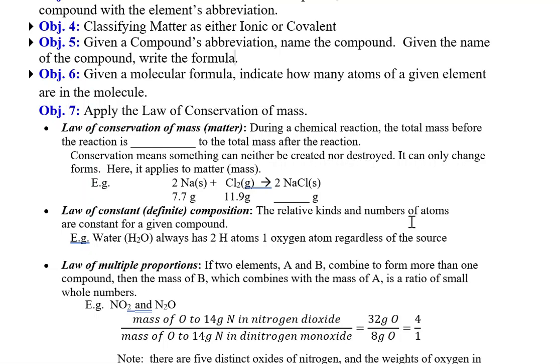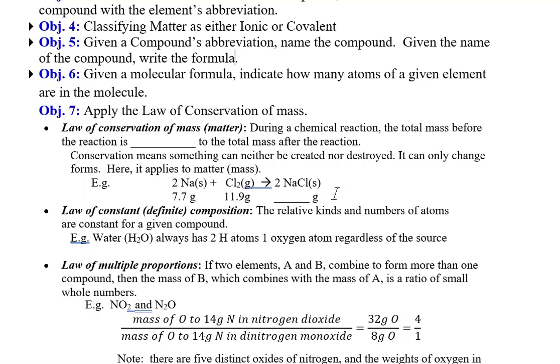So for example, if I have 7.7 grams of sodium and 11.9 grams of chlorine, when I produce sodium chloride, it shouldn't shock you to know that if I take 7.7 plus 11.9, I'll come up with the number of grams of sodium chloride. And so I'll do that math with you. You do the same thing.